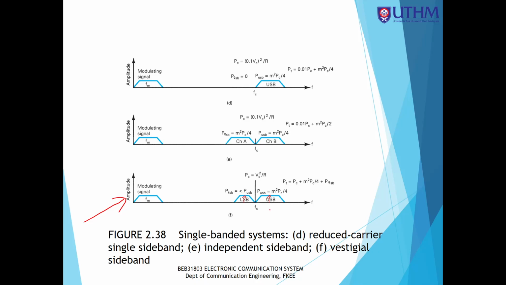In this case the upper sideband is allocated for the video signal, the video component, whereas the lower sideband is allocated for the audio component.